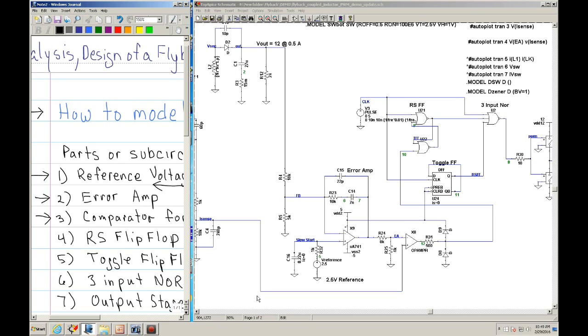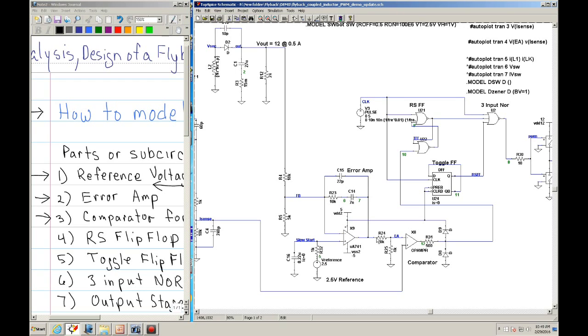Okay, so this is the comparator, and I'll go ahead and label that as comparator. Okay, and that signal from the error amp will be routed to the inverting side of the comparator.